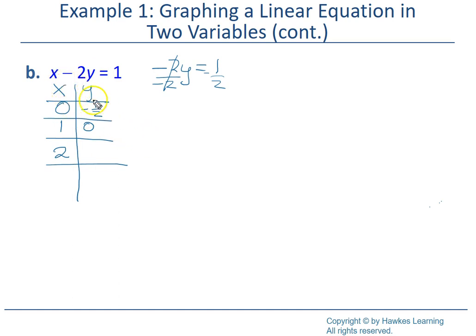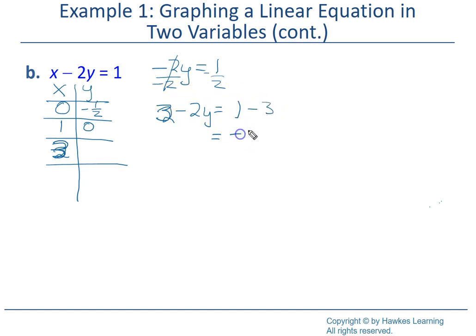And then if x is a 2, we're going to get a 2 minus 2y equals 1. Well, I'm going to make x a 3. You might say, why? Well, because by making this 3 to the other side, I get a negative 3 here on the other side.